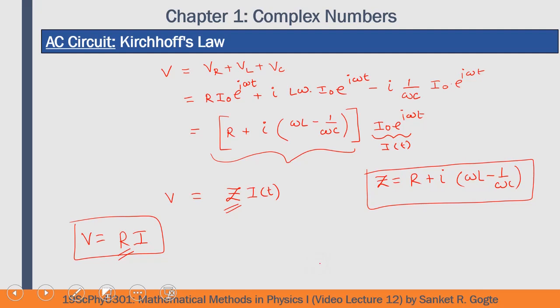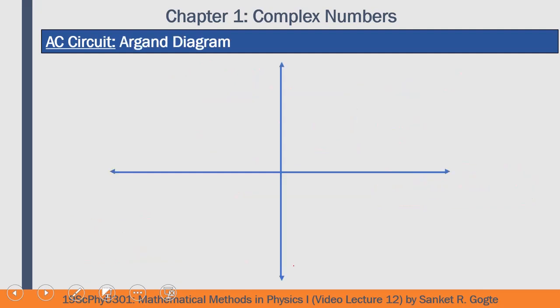Now let's discuss what this Z is. This Z is R plus i into omega L minus 1 by omega c. This is called as the impedance in the circuit.